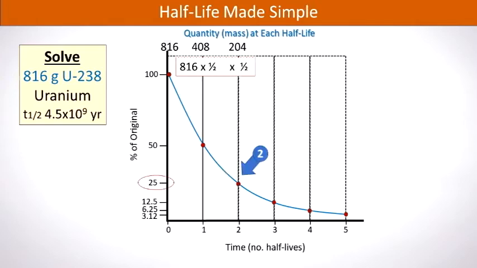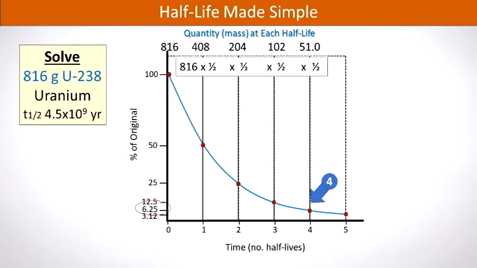Second half-life would be 408 times half for 204. Third half-life, 204 times 1/2 for 102. Fourth half-life, 102 times a half for 51 grams. And the final fifth half-life would give us 25.5 grams.